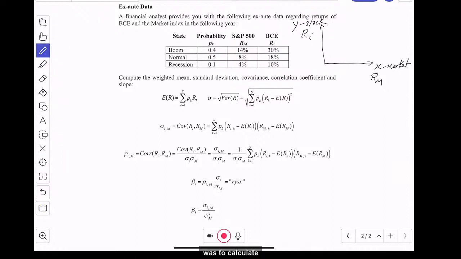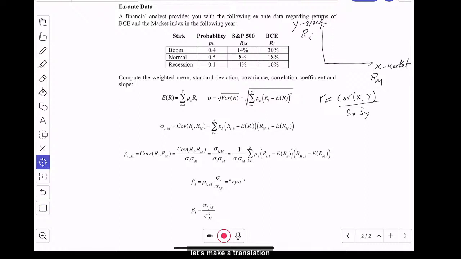If I was to calculate correlation, so correlation with the sample result, this is the formula for the setting of historical data.